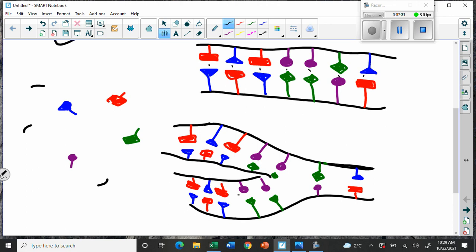So you can see what happens if you look at the two pieces that we've created, right? If you look at this entire piece right here and this entire piece right here, and you compare them to the original piece, you see that they're exactly the same. They have the exact same pattern on the top and the bottom. And so what we've effectively done is by opening up this molecule and rebuilding the bottom half and the top half, we create two copies of the same molecule that we had when we started.